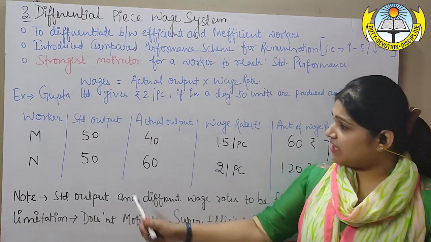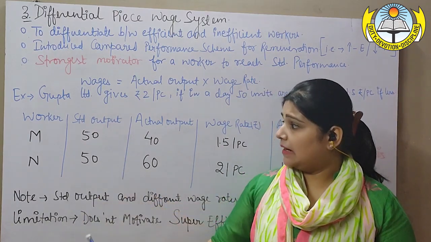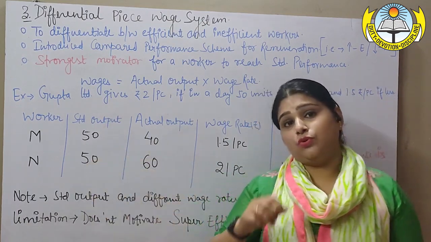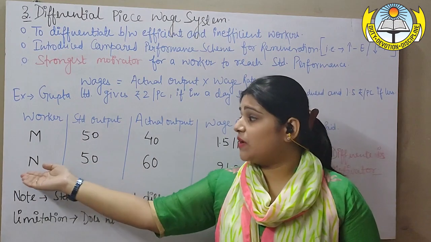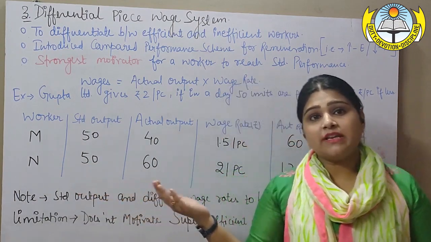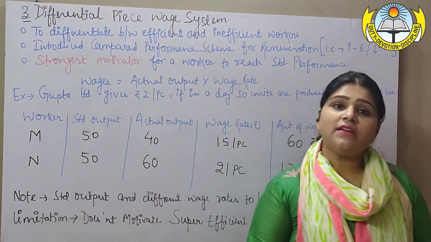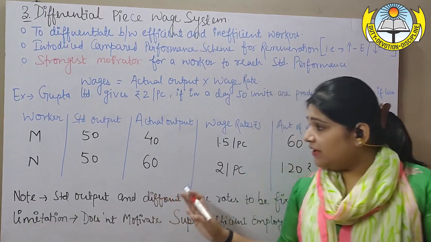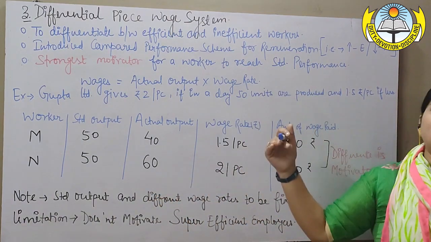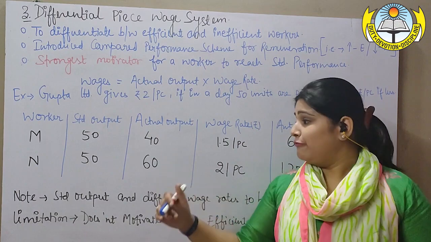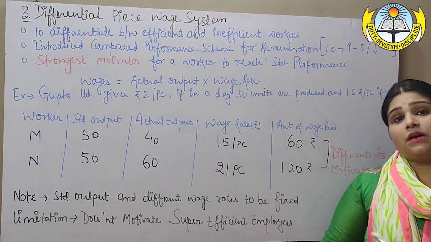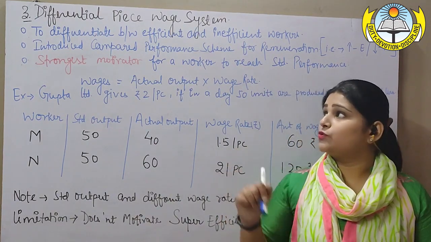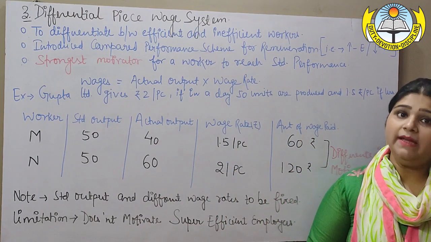If you see the same situation, N was able to produce more than the standard output, which means N is a super efficient employee, for whom the target of 50 units a day is one of the easiest. So he did not talk about any extra leeway, any extra icing on the cake, for those employees who are super efficient. So this was one of the severe drawbacks of this technique propounded by Taylor.